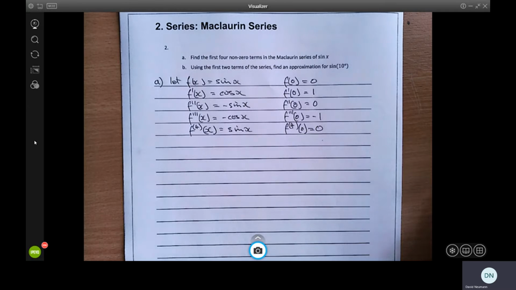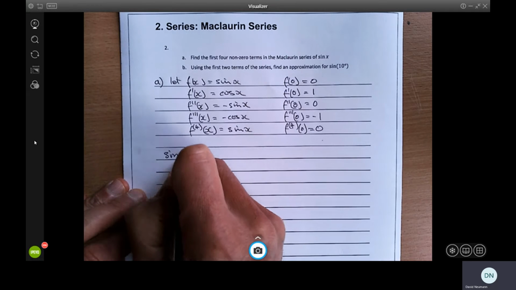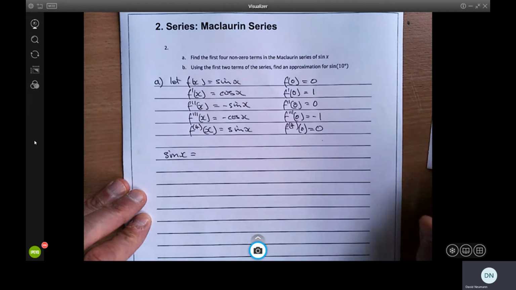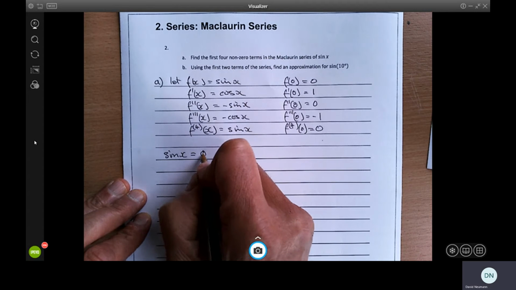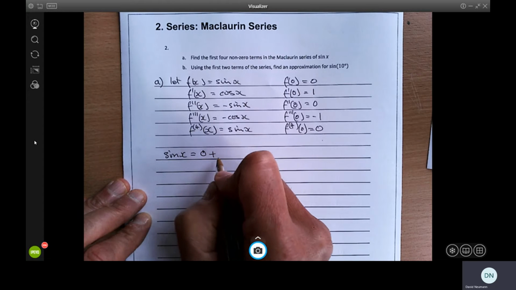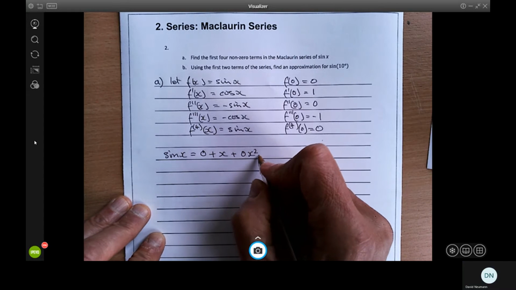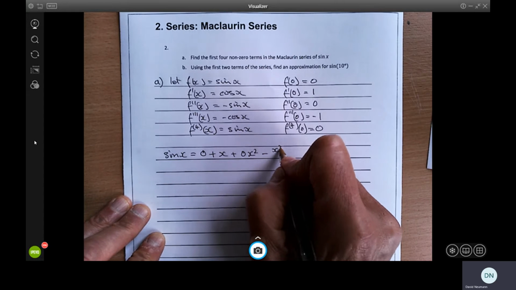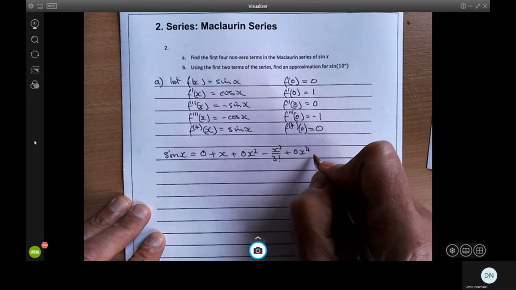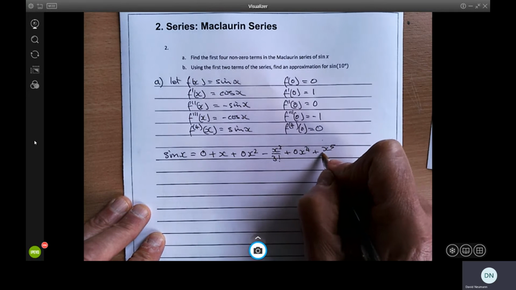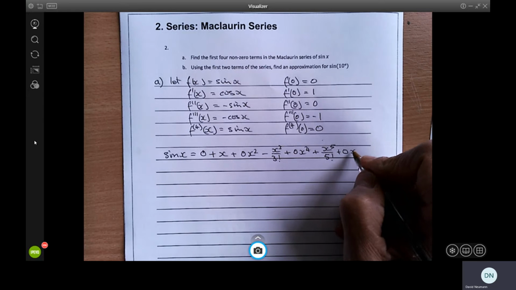So using the formula for Maclaurin series, we've now got sine of x is equal to: f(0) is 0, f'(0) is 1, so plus 1 times x, plus 0 x squared, minus x cubed over 3 factorial, plus 0 x to the power of 4, plus 1 times x to the power of 5 over 5 factorial, plus 0 x to the power of 6.